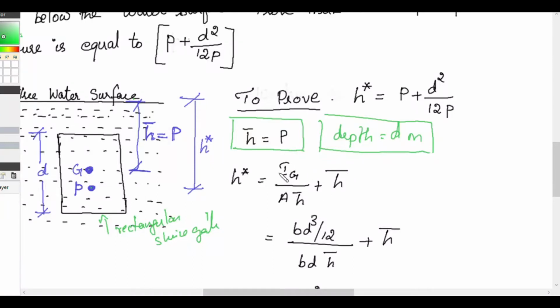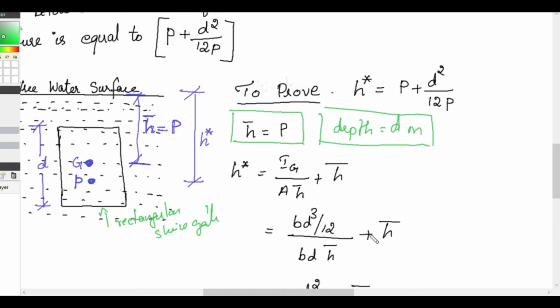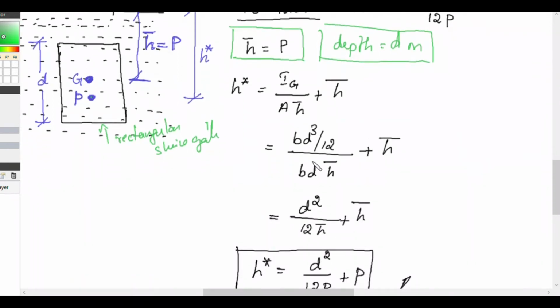Ig, the moment of inertia for a rectangular section, is B D cube by 12. The area of the rectangular section is B D. Cancelling B and one D, we get D square by 12 H bar plus H bar.